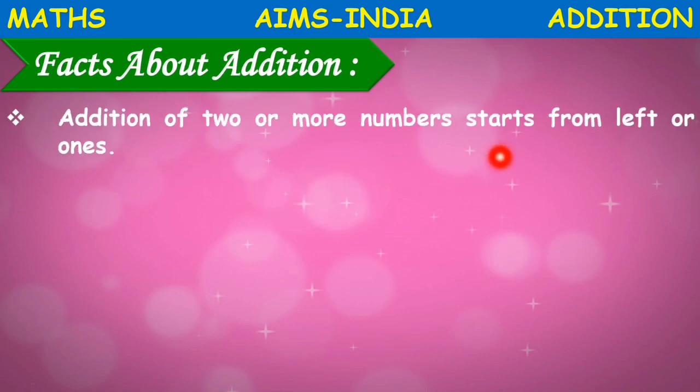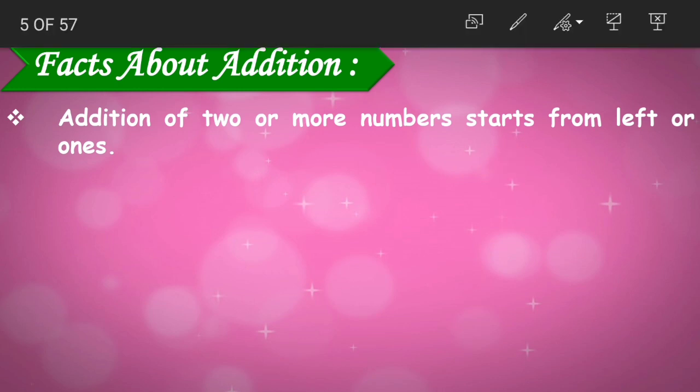Addition of two or more numbers starts from left or ones. When we have three or more numbers, like this, here we are having three numbers, right, children?